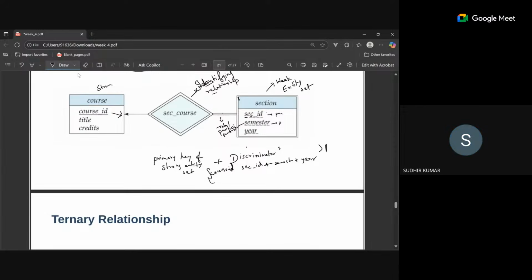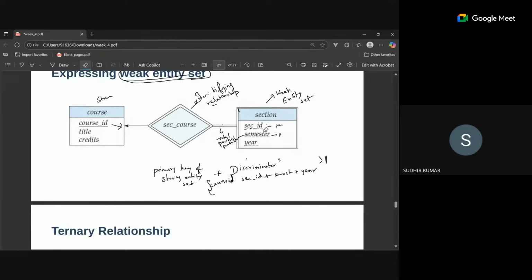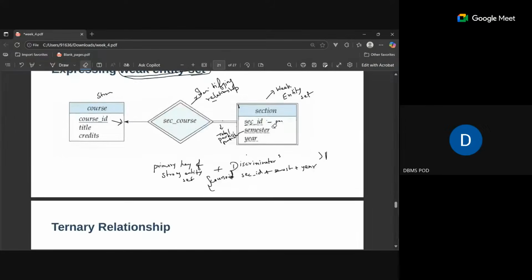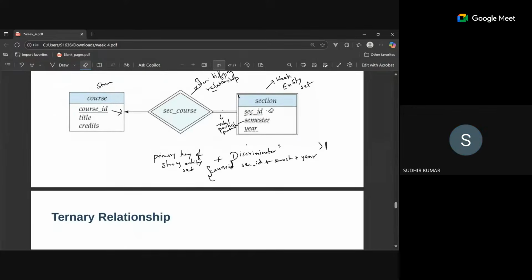Does the discriminator need to contain all these features of the weak entity set, or can it also be a subset of those?